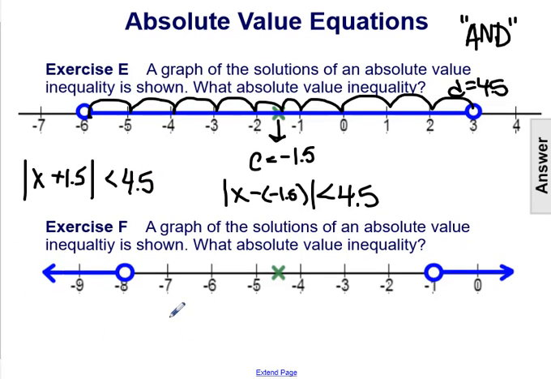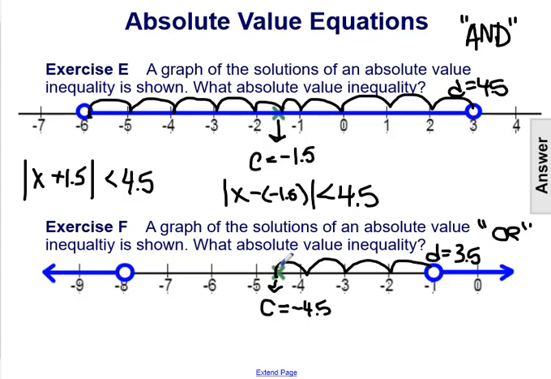Again, now exercise F. This graph is an OR compound inequality. You have your shadings opposite, away from each other. It looks like there's a center, c, here, equal to negative 4.5. And we have a distance from each point of 1, 2, 3.5. So we have a distance to either endpoint of a half, 1, 2, 3.